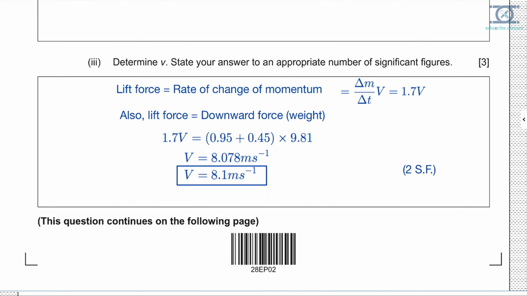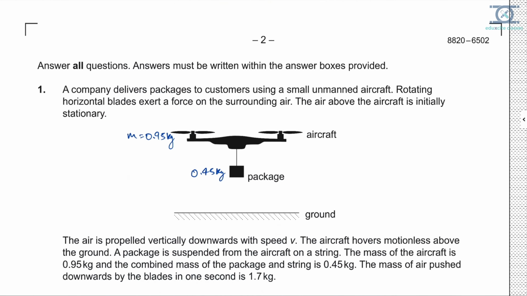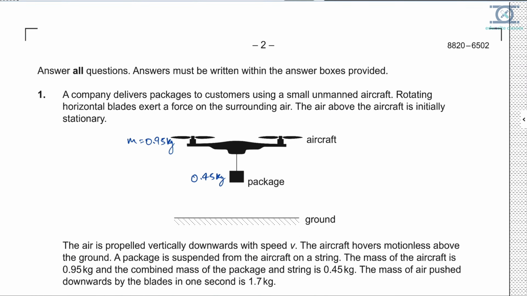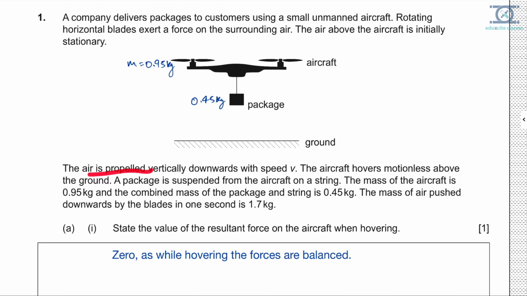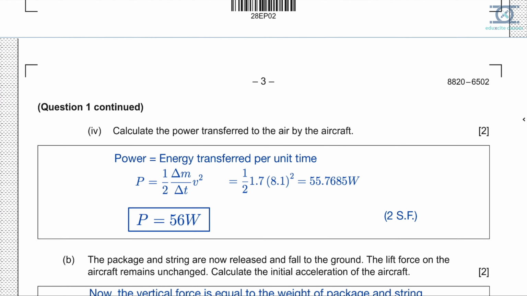Now question number 3. Determine v. State your answer to an appropriate number of significant figures. In the question it is given that the air is propelled vertically downward with speed v, and that is what we have to calculate.